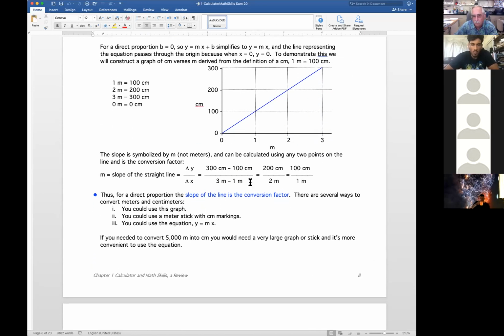So if you want to convert, say, from 2 meters into centimeters, you have to use the slope of this line right here to get it. Mathematically, that line is described as y equals mx. Here, b is 0. So here's x, here's y. What you need to change between them is m, the slope of that line.